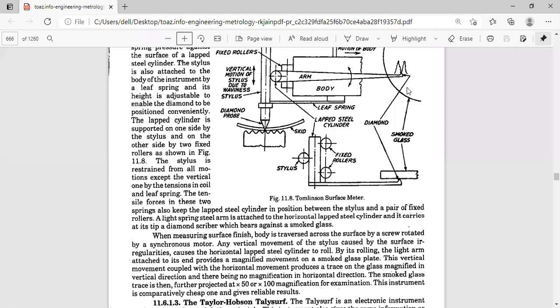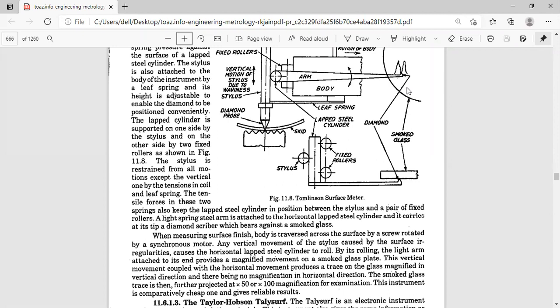Mostly you will not be having magnification in the horizontal direction. Whenever you try to specify the specifications, you have to say a specific value of x50 or x100 as far as the vertical magnification is concerned.